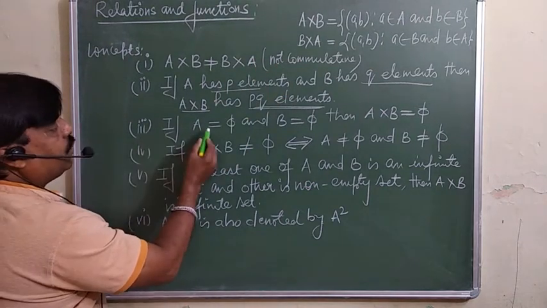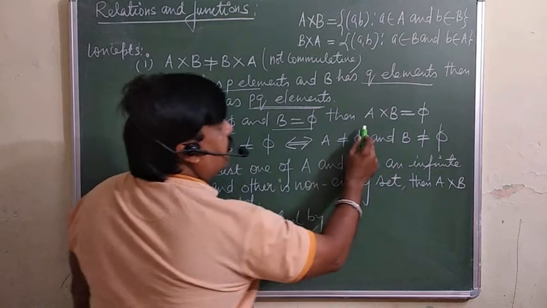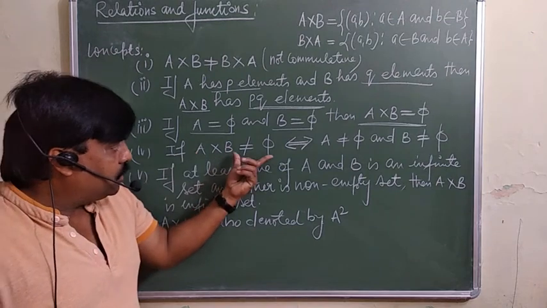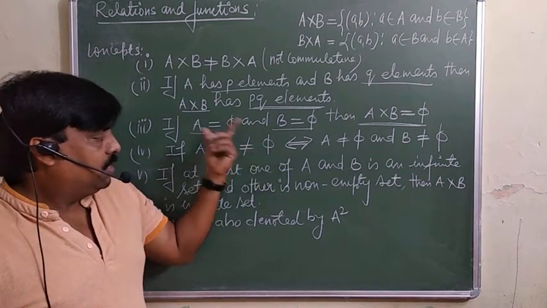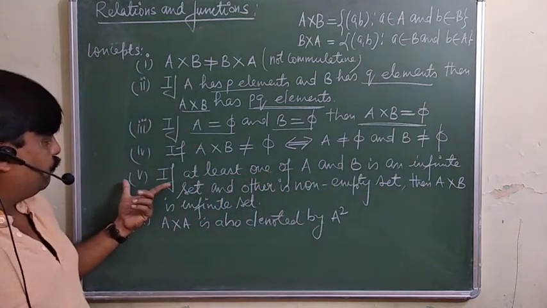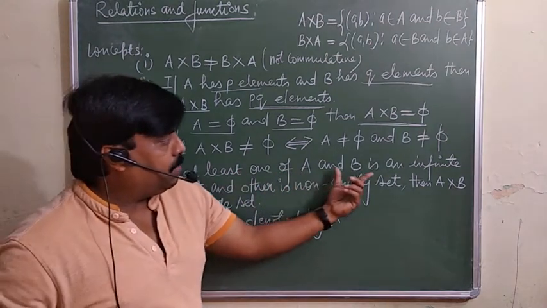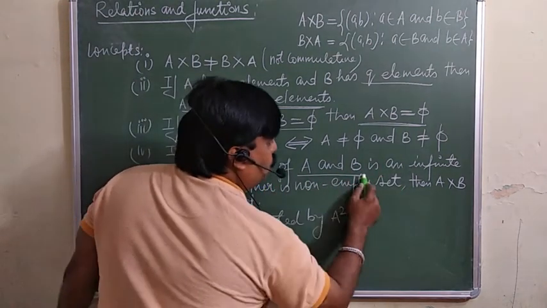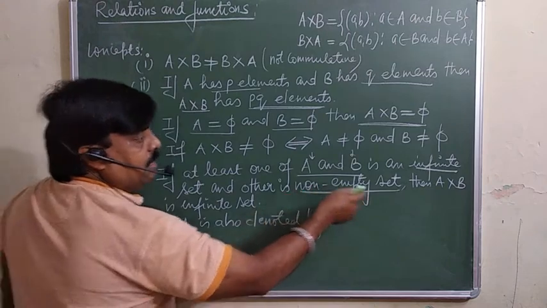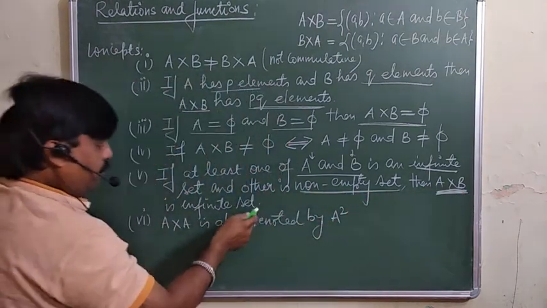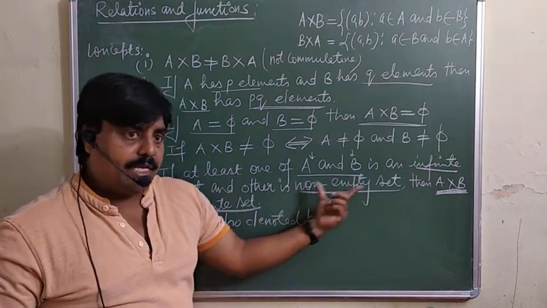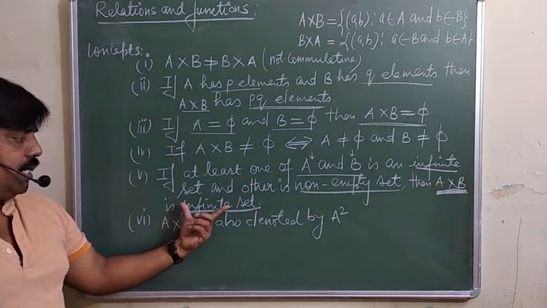Third, if A is a non-empty set and B is also non-empty, then A cross B will also be non-empty. Fourth, if A cross B is non-empty, then it means neither A nor B is empty. Fifth, if at least one of A and B is infinite and the other is a non-empty set, then the number of elements in A cross B will also be infinite.